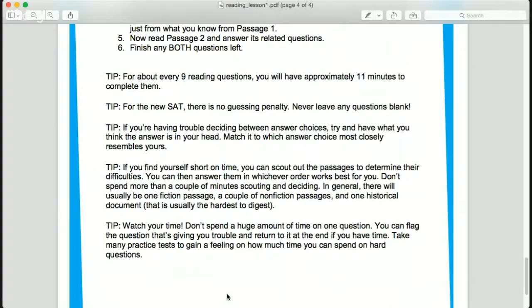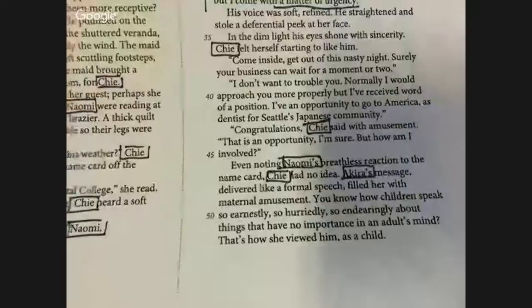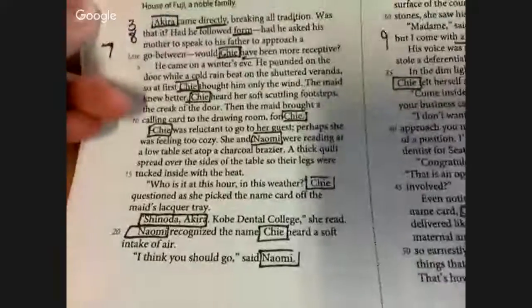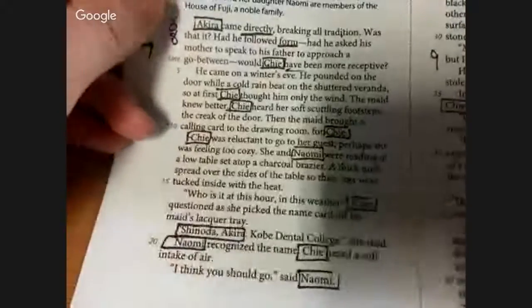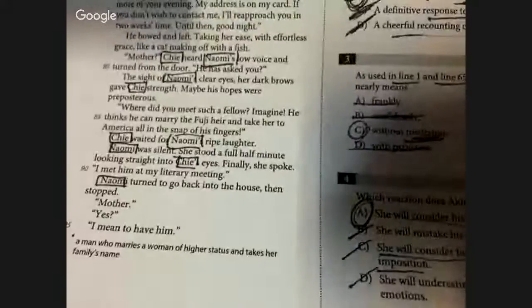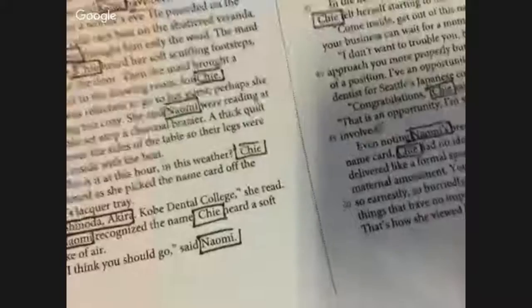If you follow all the tips that were given throughout this lesson, then this is what your passage will hopefully look like by the end. I'll be going step by step through all of this with you.